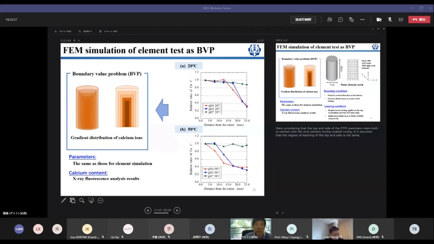Then the problem that I have to emphasize here is that because you see the erosion of the soil, the calcium ion is dependent on the distance from the surface of the solutions. So this is actually a non-uniformly distributed, non-element behavior. It's a boundary value problem. Then the question is whether the constitutive model proposed here is still valid for such kind of non-element behaviors.